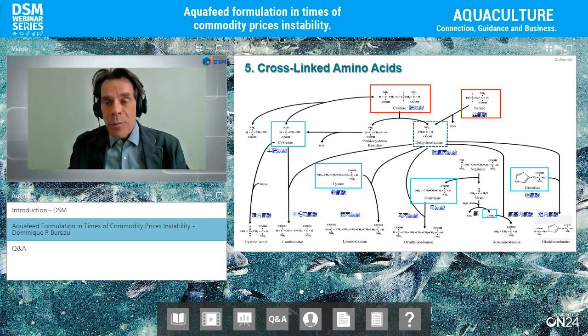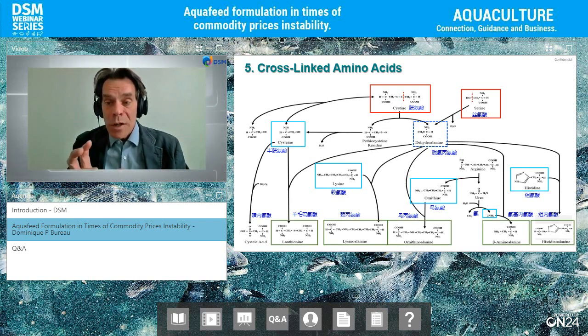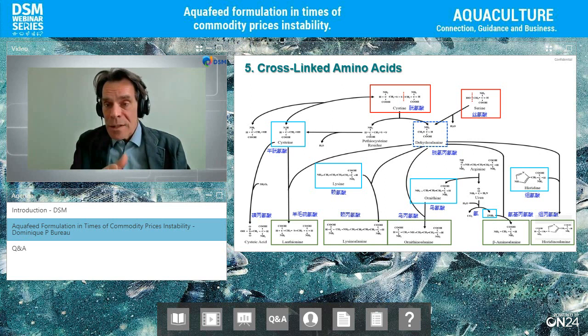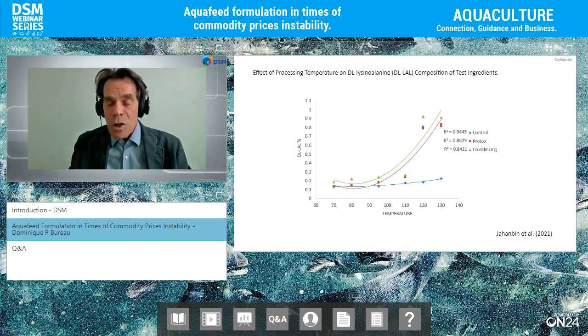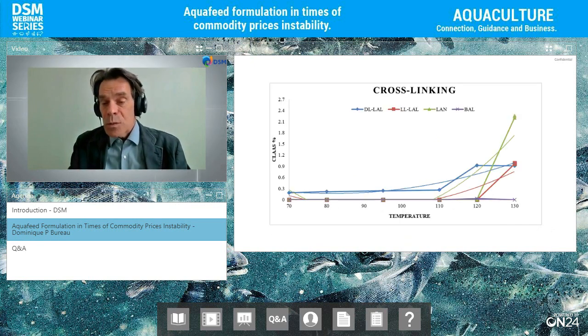These cross-link amino acids are not created alone, they're created within the protein chain, so they create knots, like knots in your shoelace. And we determined that with increasing processing temperature, there is a great formation of these cross-link amino acids. This is work by one of my PhD students, very recent work. We see this increase in cross-link amino acids with increasing temperature.